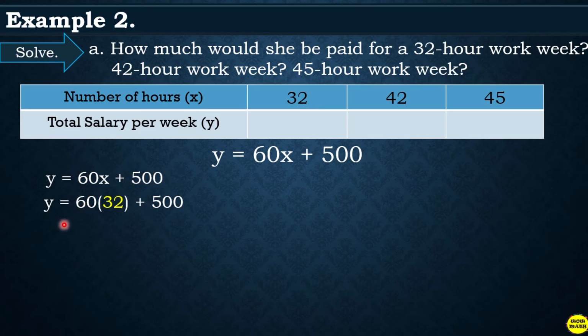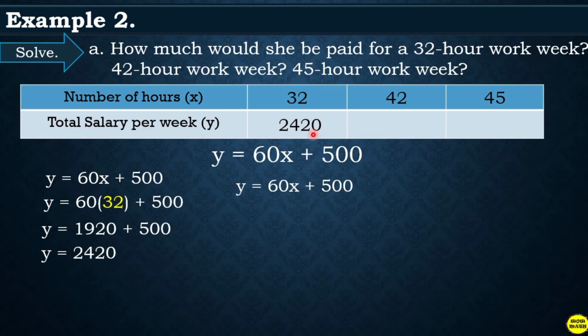So, we now have 60 times 32, that is 1,920 plus 500, yung additional pay niya. Then, ang salary niya is 2,420 for a week. So, kapag nag-work siya in 32 hours sa loob ng isang linggo, plus 500 na additional pay, then ang total salary is 2,420.